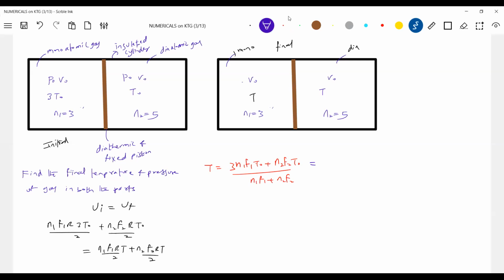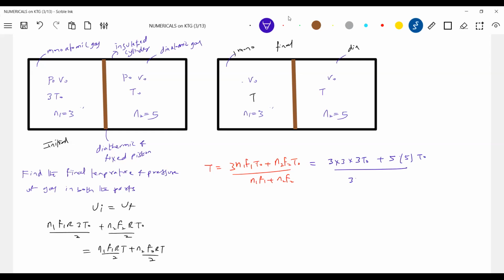Solving this, the expression for temperature: number of moles 3, monoatomic gas degree of freedom 3, initial temperature 3 T naught. Number of moles 5, diatomic gas degree of freedom 5, temperature T naught.